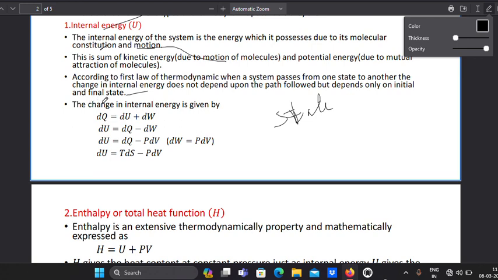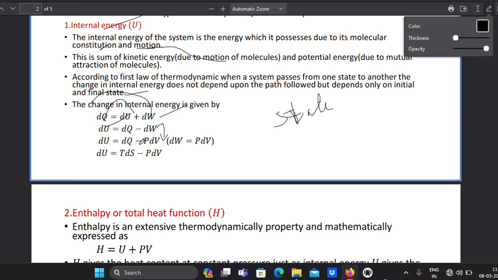Next, how can we get the change in internal energy? By using the first law of thermodynamics: dQ = dU + dW, so dU = dQ minus dW, and dW is PdV. Don't forget this relation, PdV.